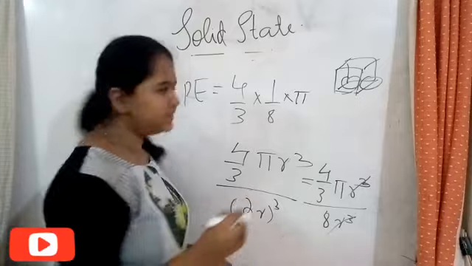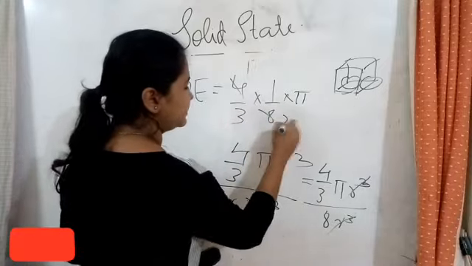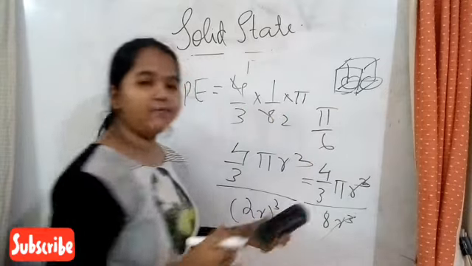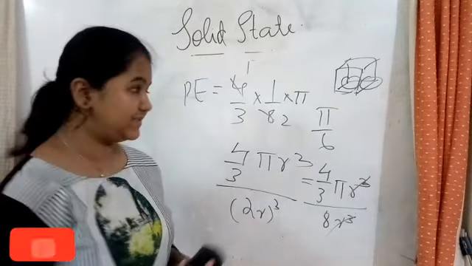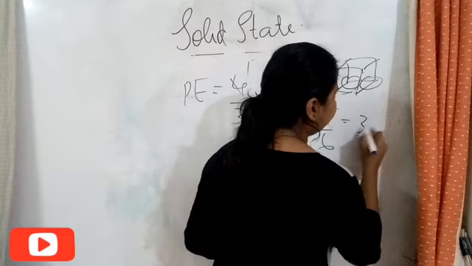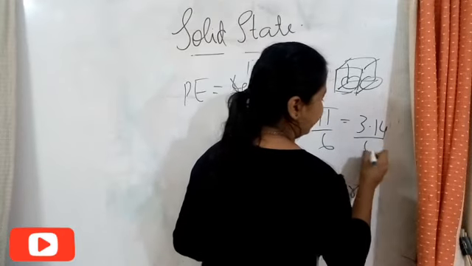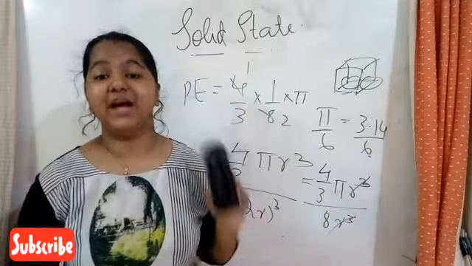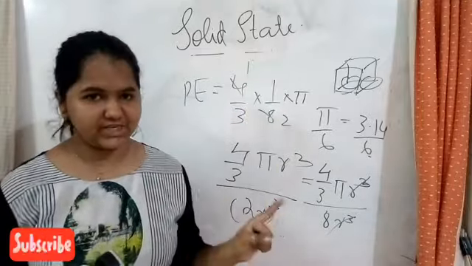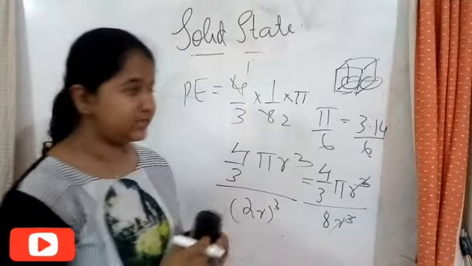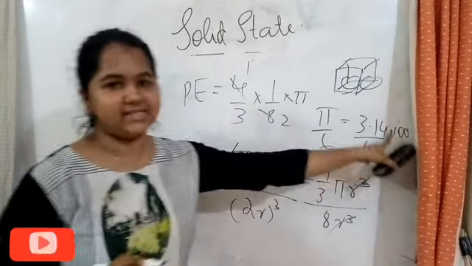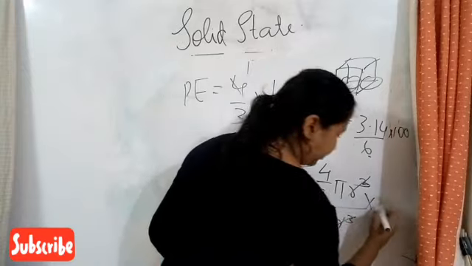So this is 1 and this is 2, which gives pi by 6. What is the value of pi? Pi is 3.14, divided by 6. What would you get as the answer? And we have into 100, since packing efficiency is asked. If this was packing fraction, then this 100 would have no role over here.